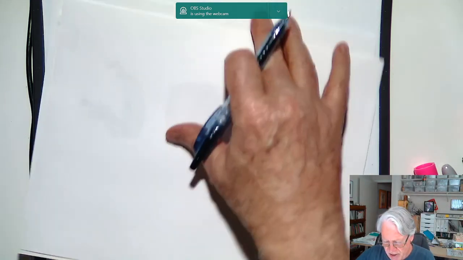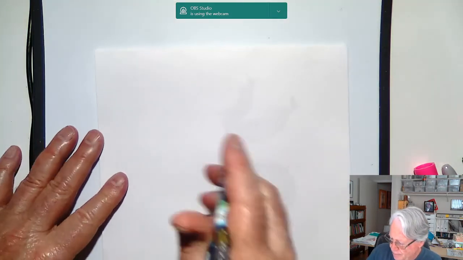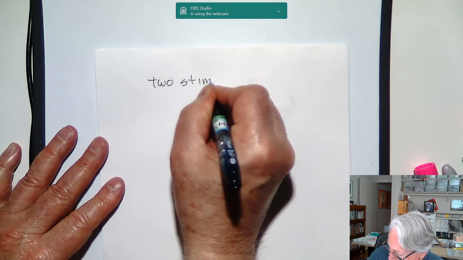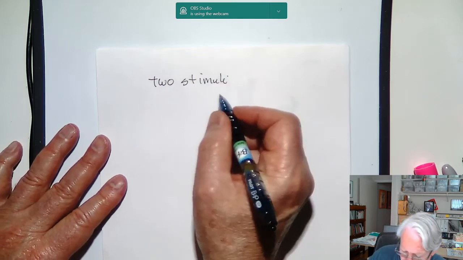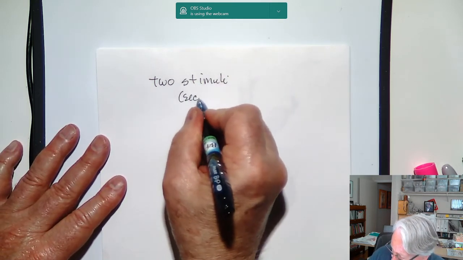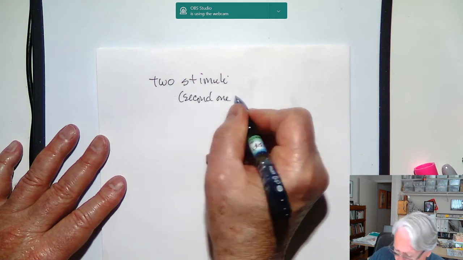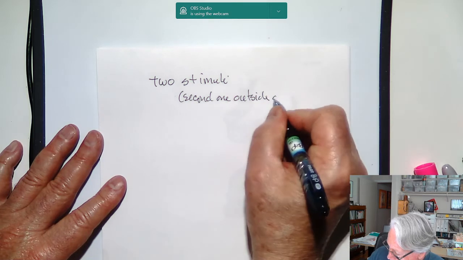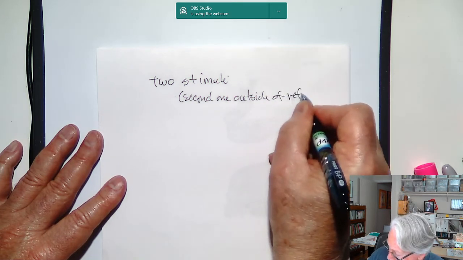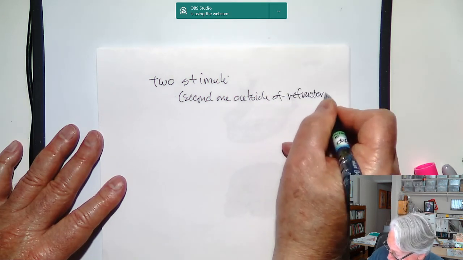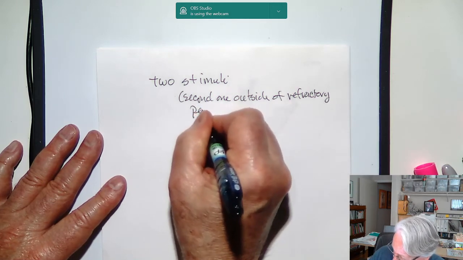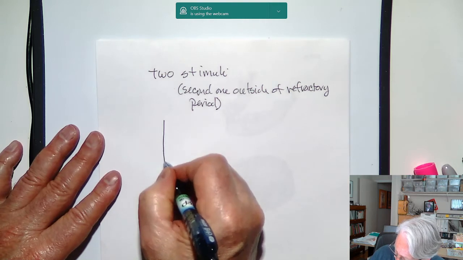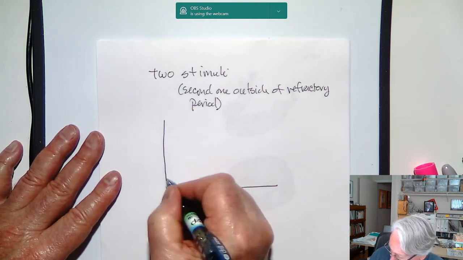So two stimuli, and the second one outside of the refractory period. I'm going to get a graph that looks like this.